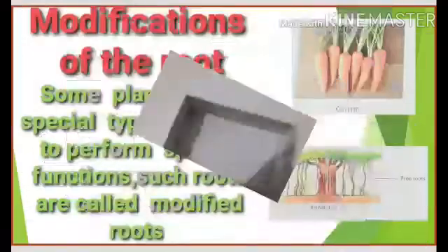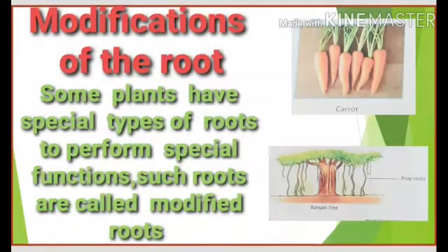In this way, I modified this container of mobile for my need. It means a modification has happened here. So what is modification? Modification is that in which anything changes its shape and size to perform a special function.